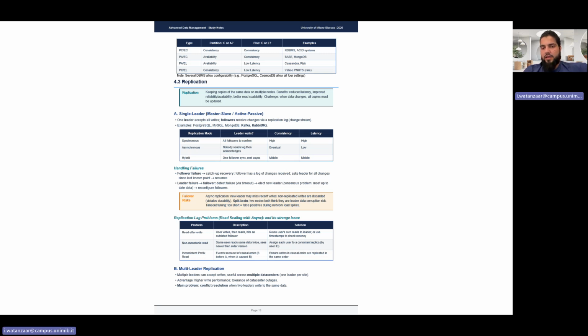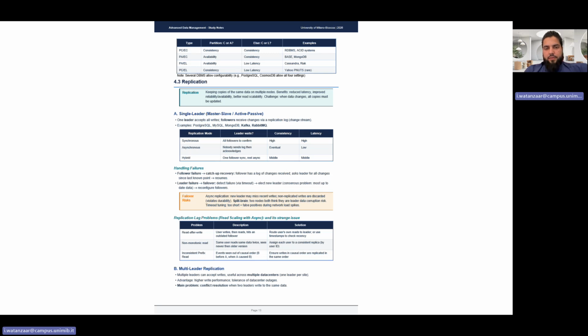In another case, there is split brain, which means two nodes both think they are the leader, so there is a risk of data corruption. With timeouts, too short a timeout causes false positives during network load spikes. These are the three different risks associated with leader failure, and they should be addressed.